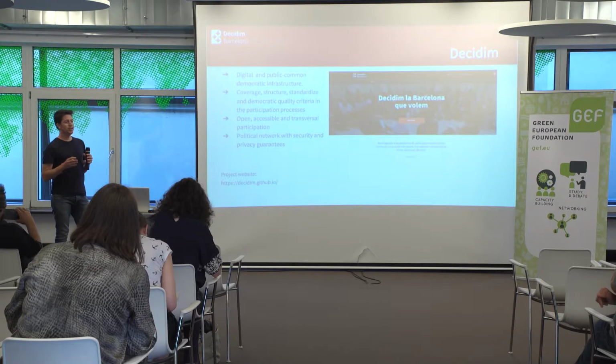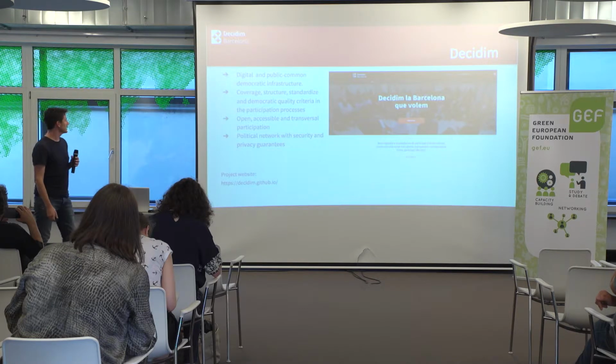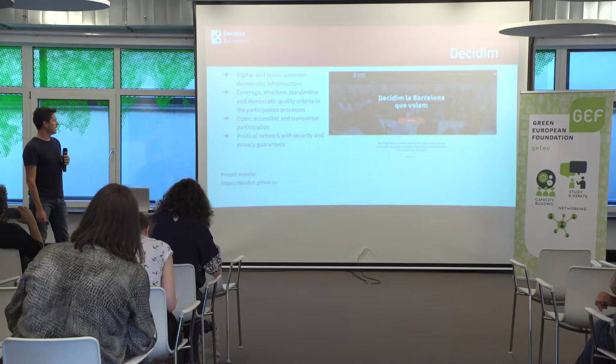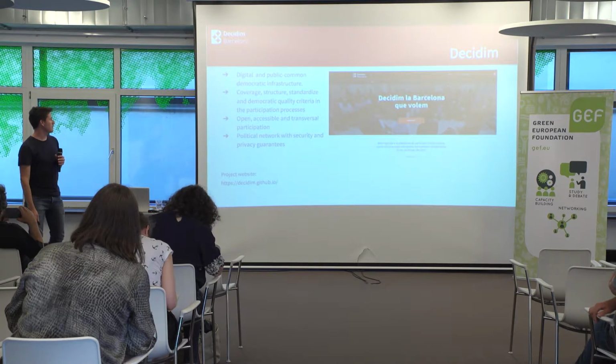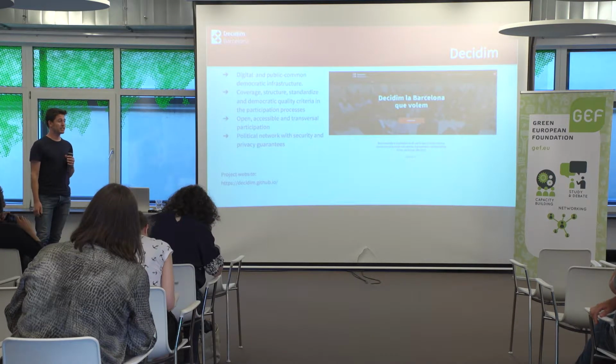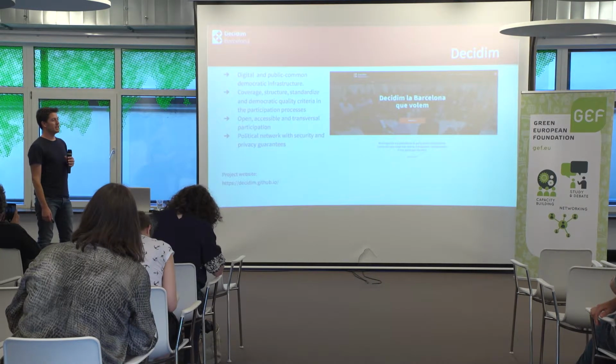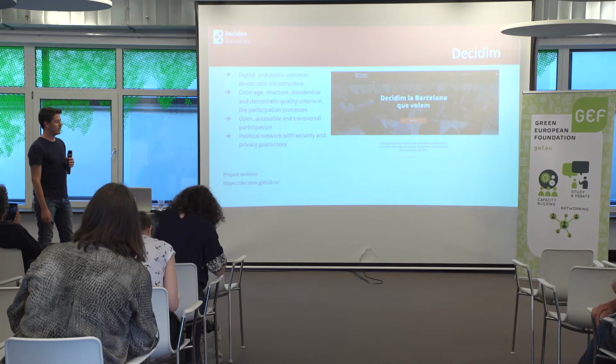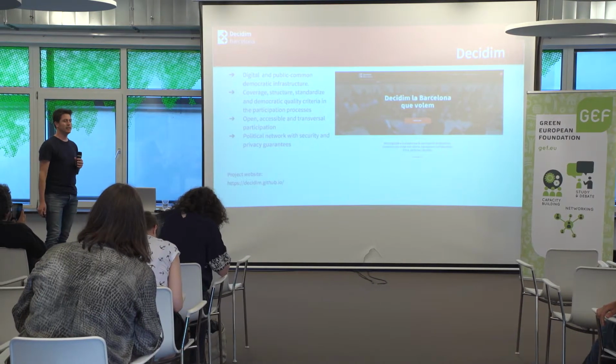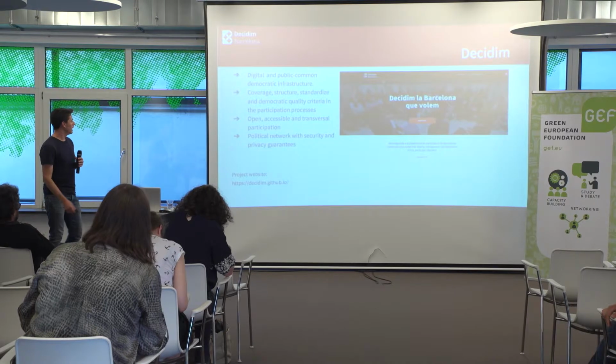But today the CDIM articulates a lot of participatory processes. And we try all the time to build a platform that has to be open, has to be accessible, has to be easy to participate in, and has to be democratic in the way in which we build it.